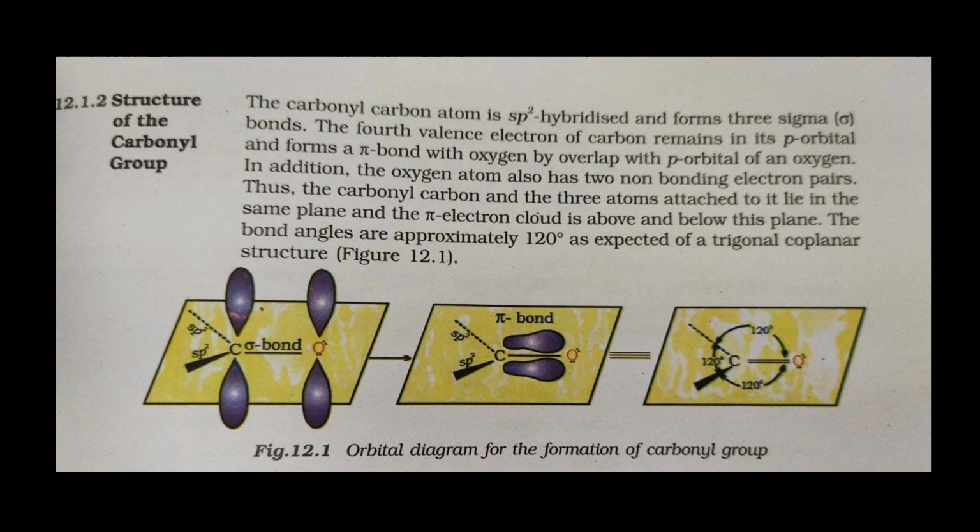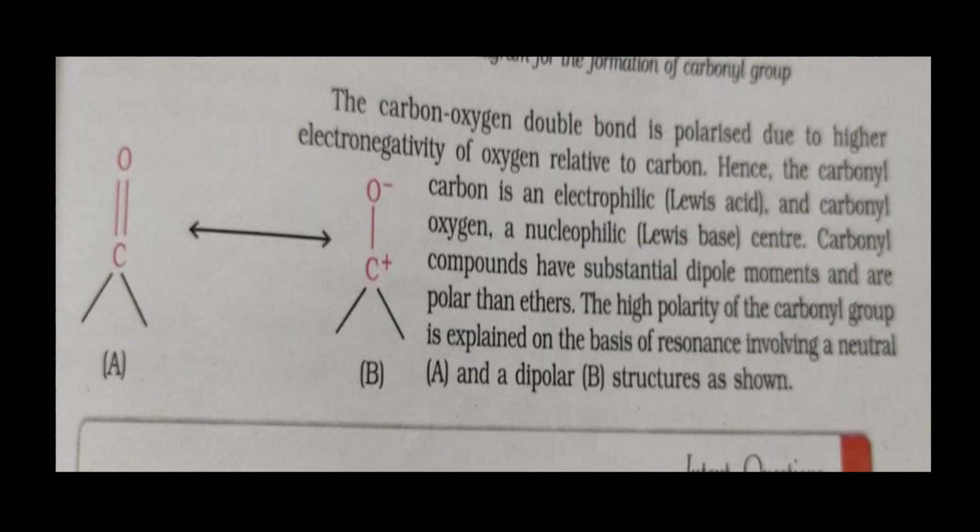Figure 12.1. This is the figure. The carbon-oxygen double bond is polarized due to the higher electronegativity of oxygen relative to carbon. Hence, the carbonyl carbon is an electrophilic Lewis acid and the carbonyl oxygen a nucleophilic Lewis base center.